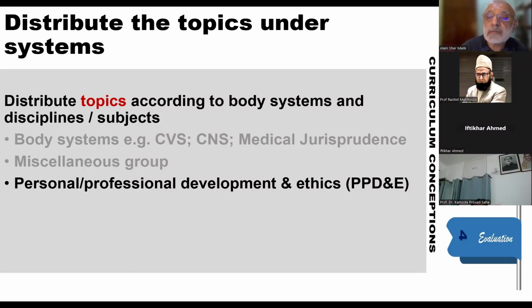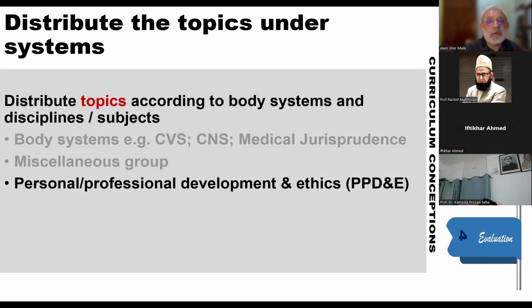So far, number one, we have identified the common and life-threatening conditions. Then for each life-threatening and common condition, we have identified the topics, an exhaustive list of topics without considering their importance at this stage. And then we divide these topics into different body systems.